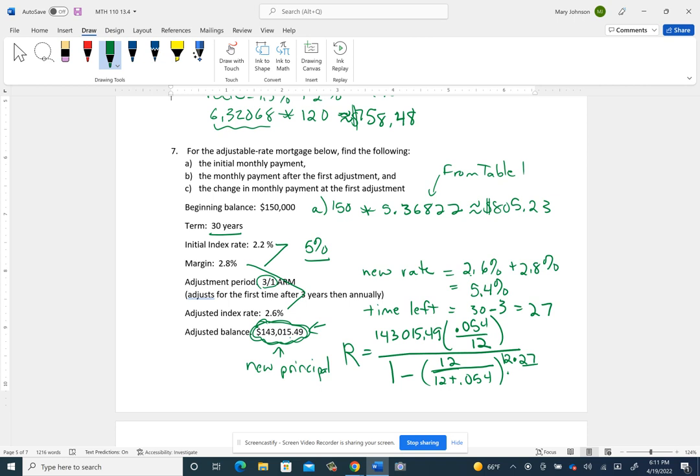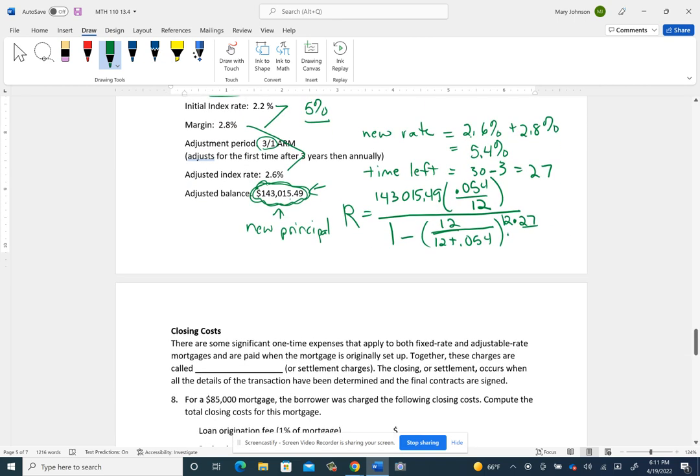And so after we do that, we'll have our new monthly payment, and it'll turn out to be $839.58, I think. 839, can't read my writing, but I think it's 58. Okay. All right, so that's the answer to B, the new monthly payment.